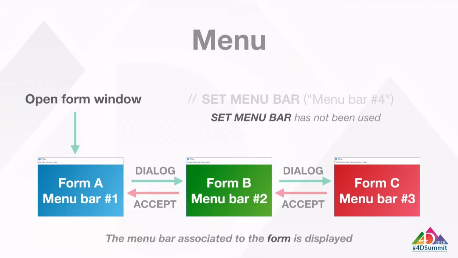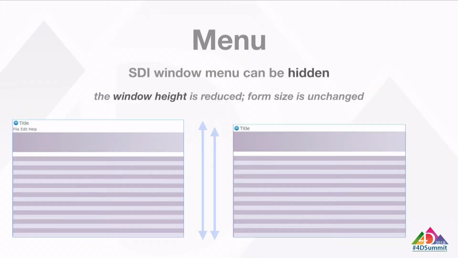So that's fairly simple. Now, there is an option to hide the menu bar. In MDI mode, only the main window had a menu bar, so the command naturally only affected the main window, but now the commands HIDE MENU BAR and SHOW MENU BAR apply to the current form in SDI mode.